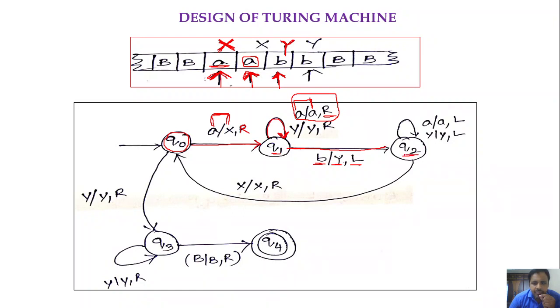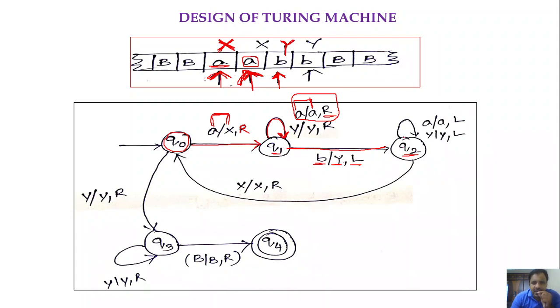If we move the head towards left, now we will get A. While moving towards left, we are in search of the X symbol. So while moving left, if you get any A's, you keep that A as it is and move the head towards left, until we get an X symbol.